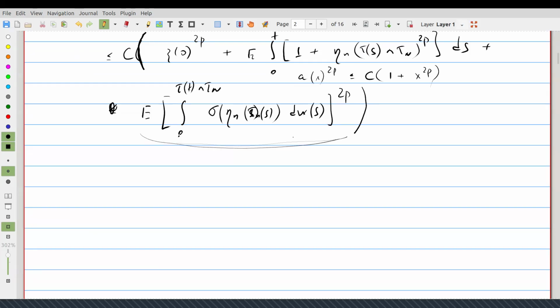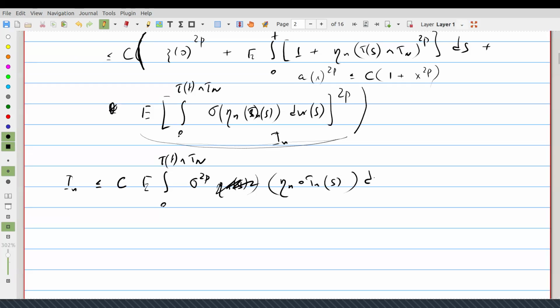So this integral, let me denote it E1, is actually less than some constant times the mathematical expectation of the integral from 0 to t minimum tau_N of sigma to the power 2p of (s, η_N(tau_N(s))) ds.